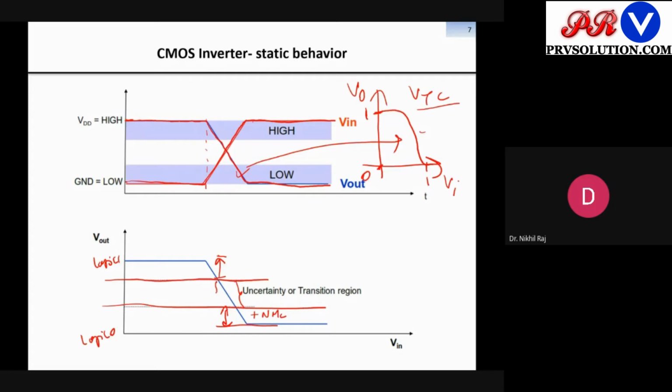When we study the CMOS inverter, we know there are two transistors, NMOS and PMOS, and they have regions of operation: cutoff, linear, and saturation. Similarly, this device will also have cutoff, linear, and saturation.